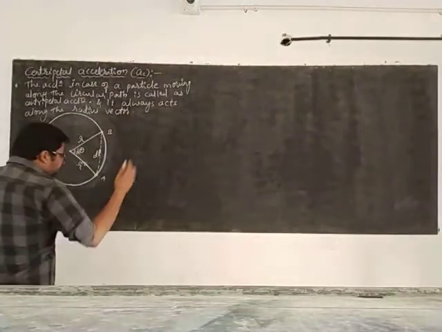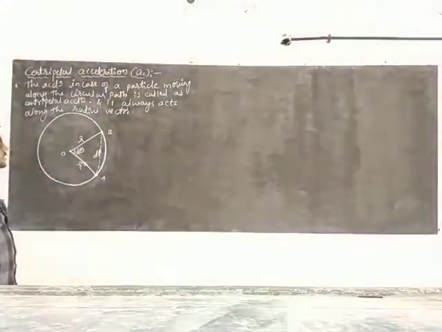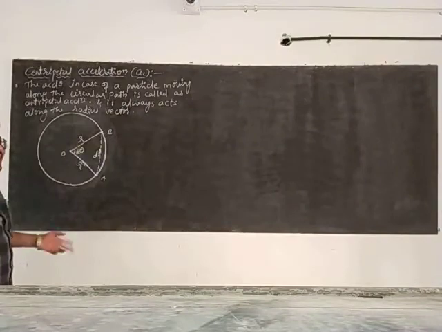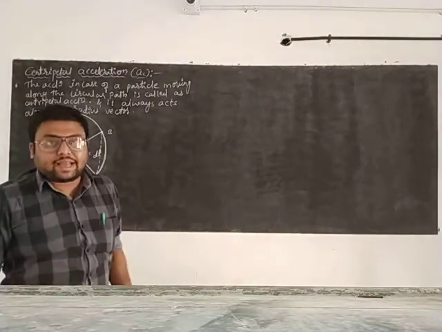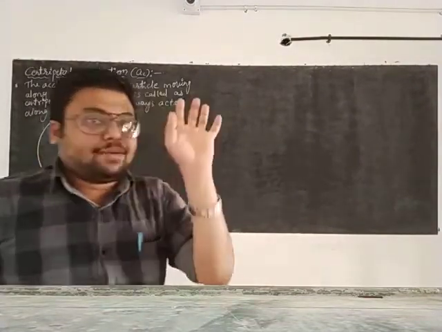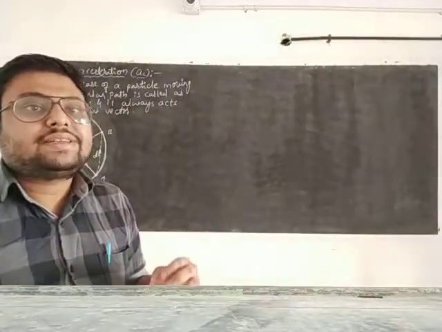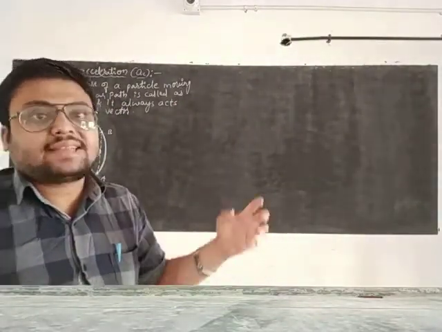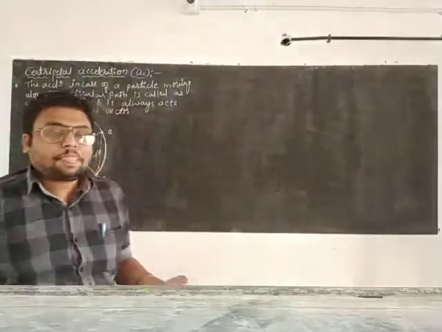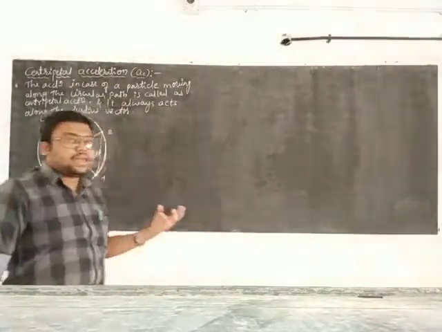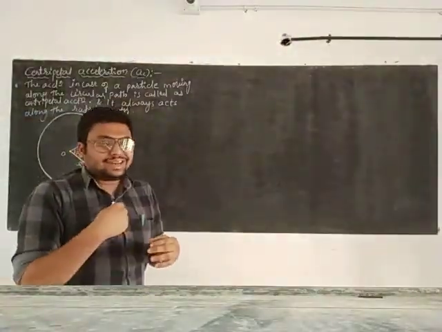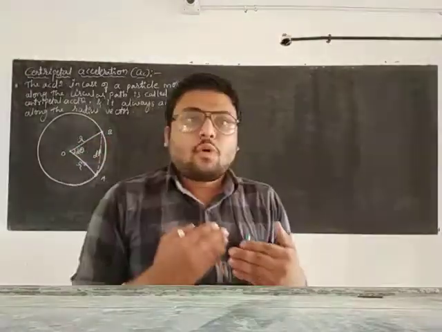Now I'll consider one more thing: the direction of the velocity of the particle at position A and at position B. We have already discussed that along any curved path, if you want the direction of velocity at a particular point, we draw the tangent at that point, and that tangent indicates the direction of velocity.